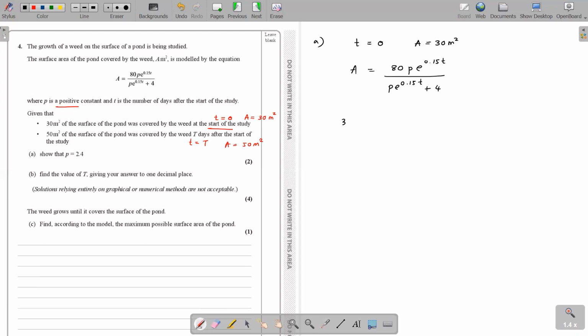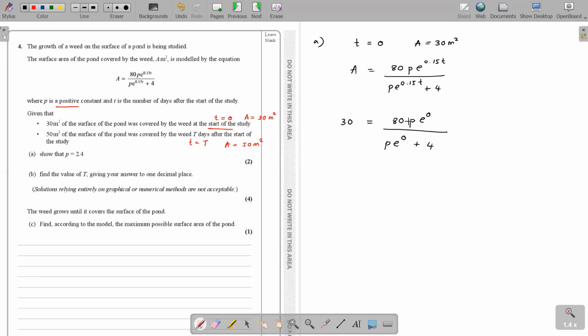Let's input A is 30, time is 0. 80 times pe to the power 0.15 times 0 means the power is 0. Divided by pe to the power 0.15 times 0, the power 0, plus 4.